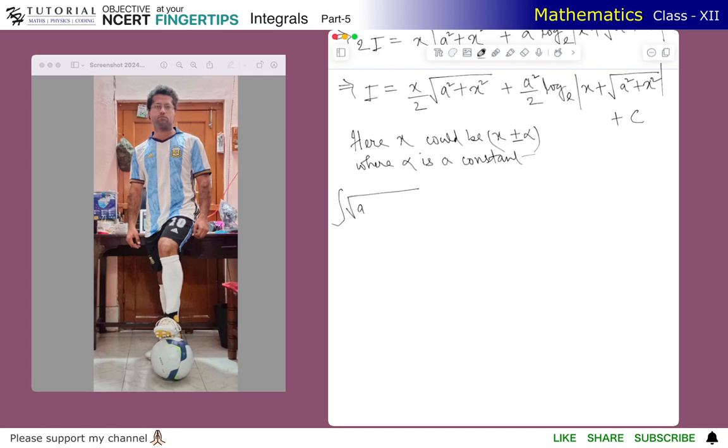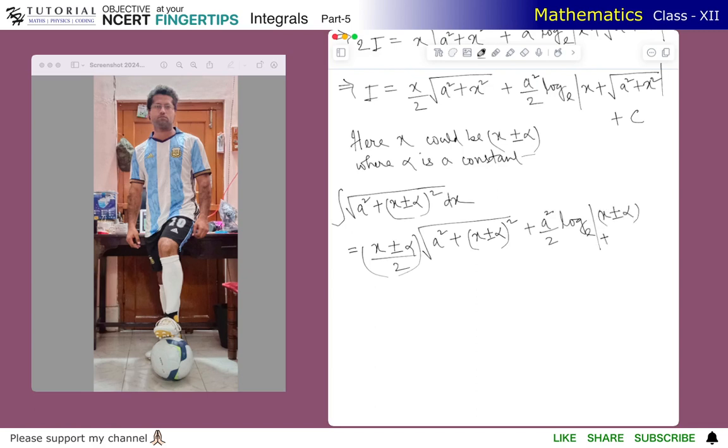and the result will be the same, meaning the integral of root over a square plus minus alpha square dx will be (x plus minus alpha) by 2 root over a square plus (x plus minus alpha) square, plus a square by 2 log of (x plus minus alpha plus root over a square plus (x plus minus alpha) square), plus the constant of integration.